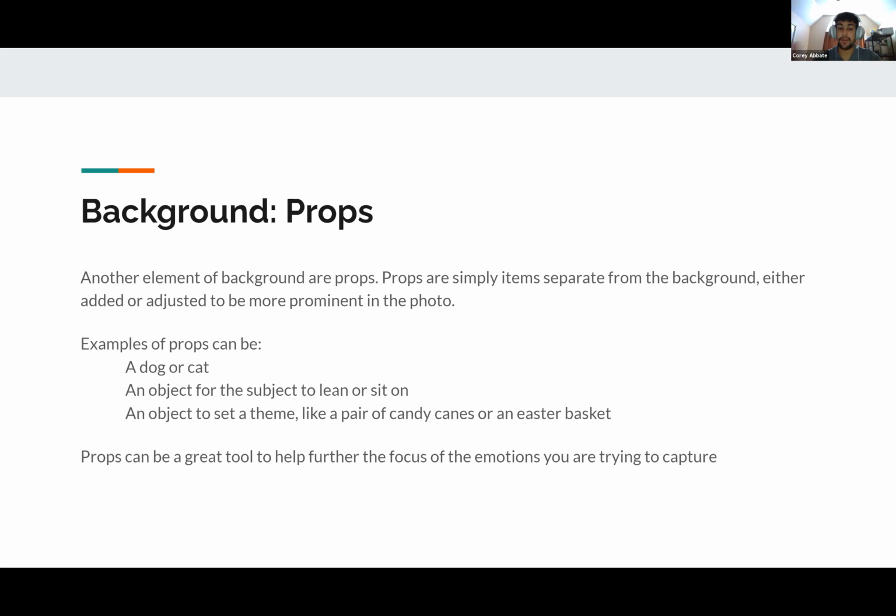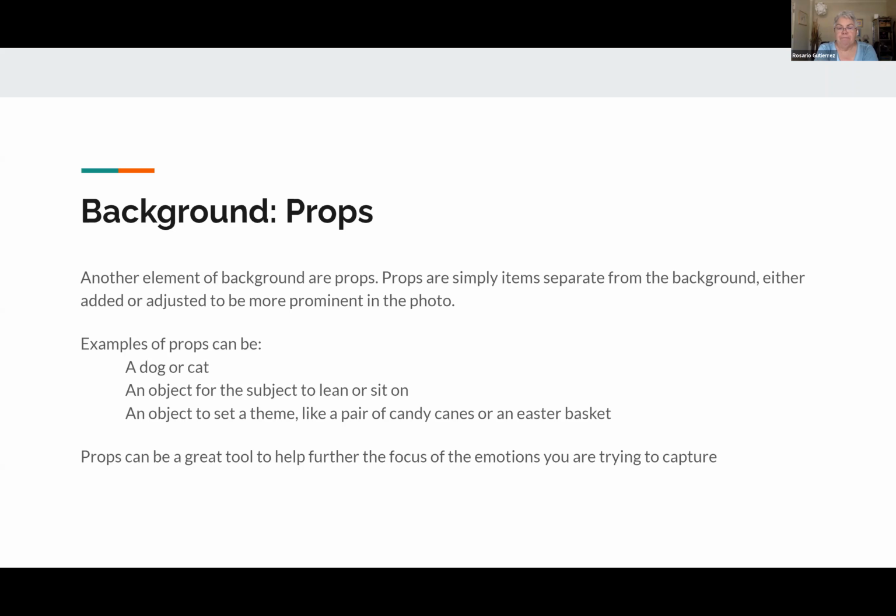If you had a big wide open plain, like a field, and you put a Christmas tree in the back, where you brought this Christmas tree into this setting, you can consider that to be a prop because you are including it in the picture to set a theme. It still might be in the background, but you're using it to reinforce this theme of Christmas.